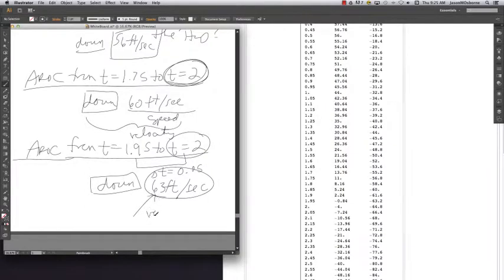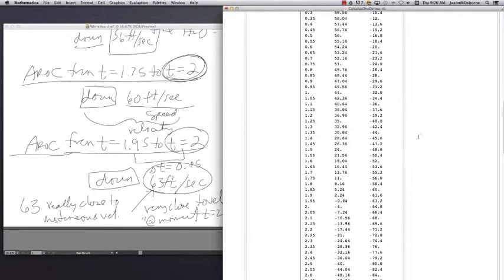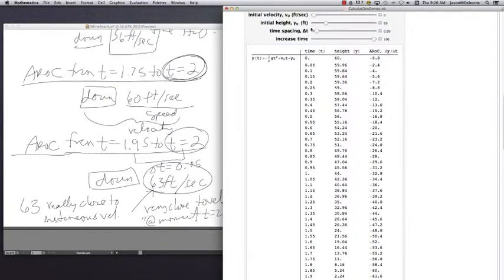This is getting very close to telling you how fast they're going, to velocity. This is very close to the velocity at the moment t is equal to 2. Right? So I would say 63 is getting really close. 63 is really close to what's called the instantaneous velocity. If we want to get the instantaneous velocity, you have to decrease the time size here.